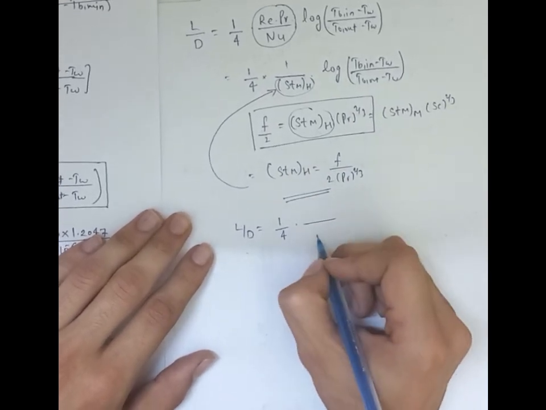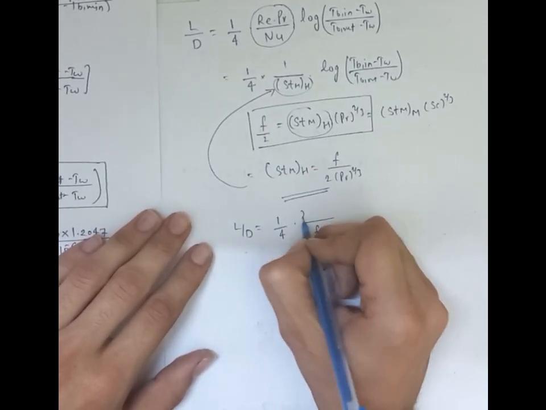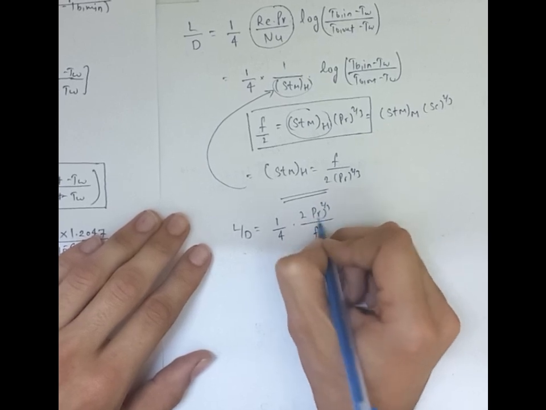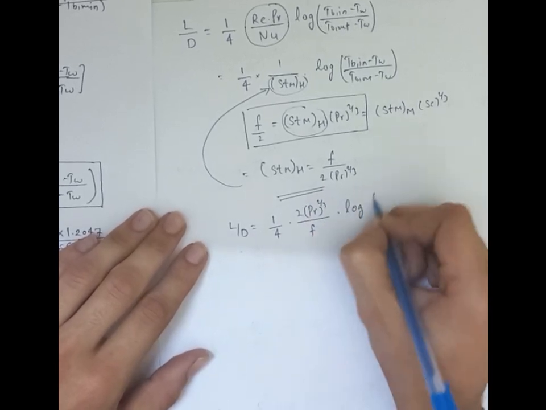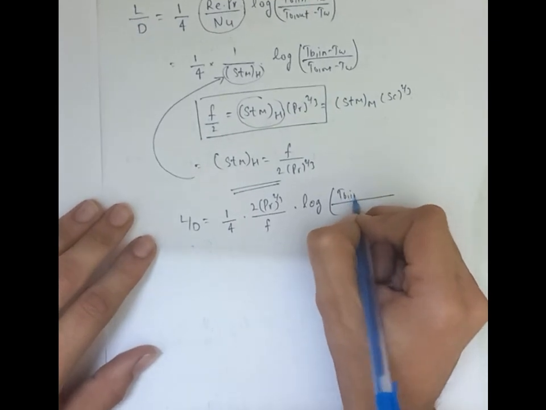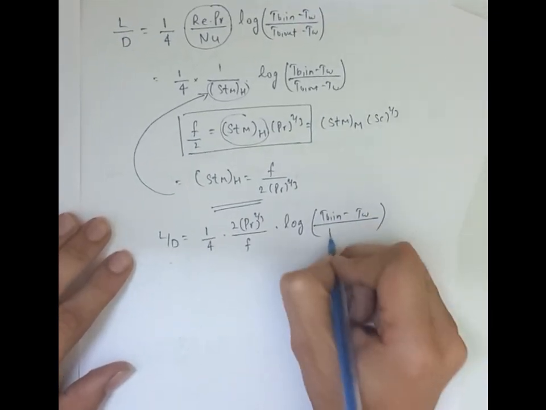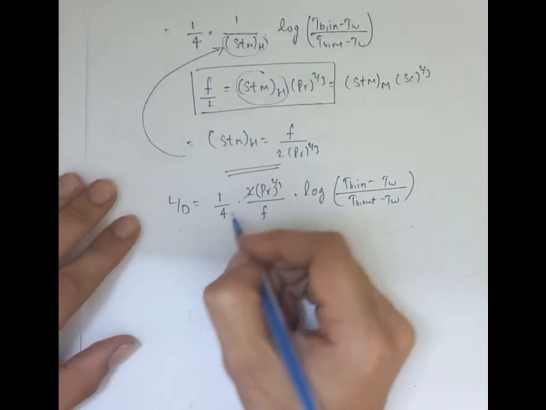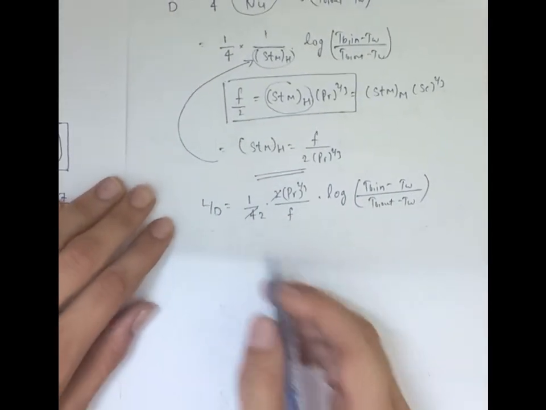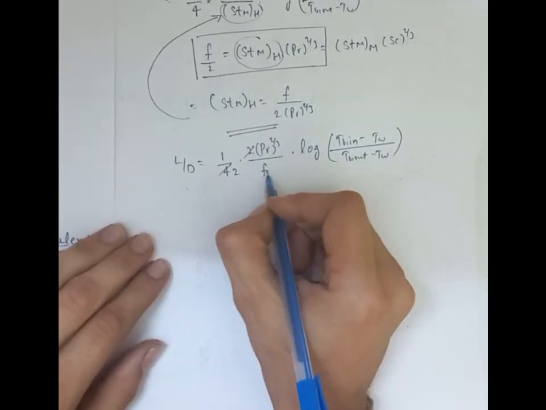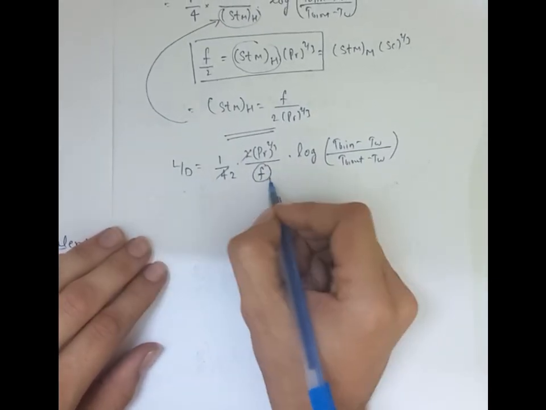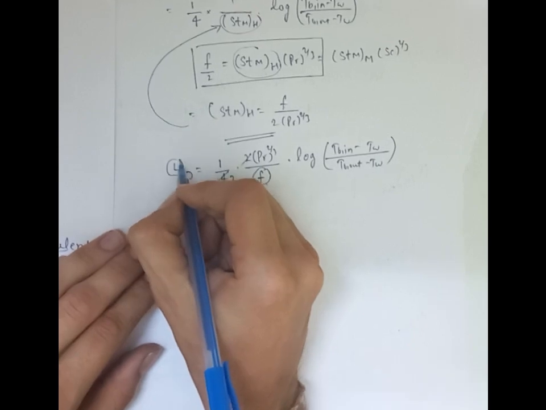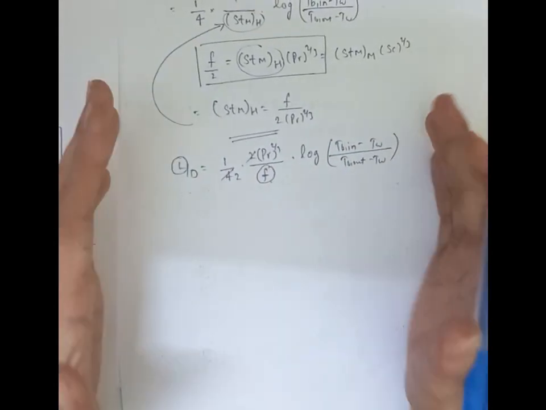Then we are having f into 2 times Prandtl number to the power 2 by 3 and the logarithmic term. Now we can cancel out the constant terms, and now we are having the friction factor correlation with the length of that heat exchanger.